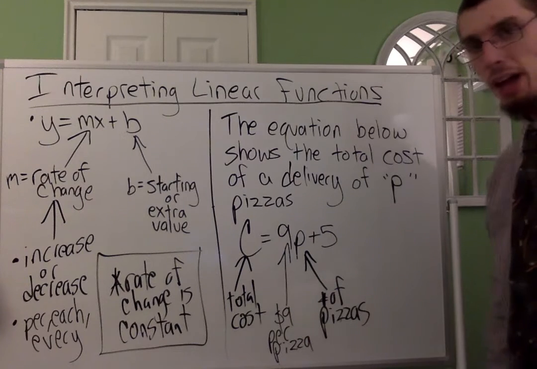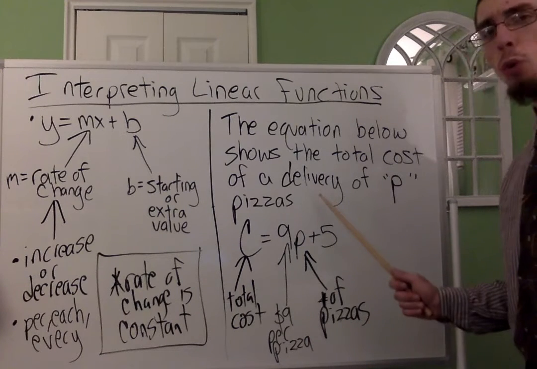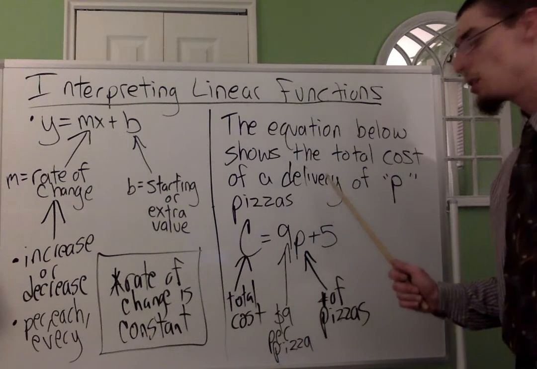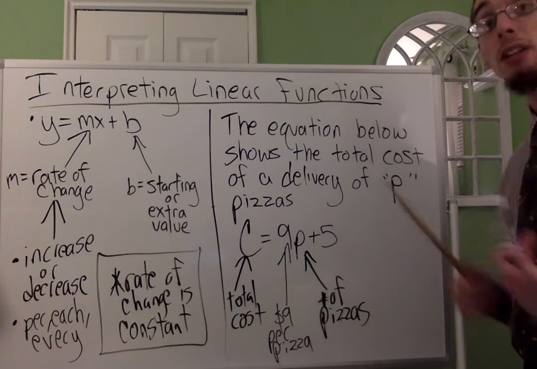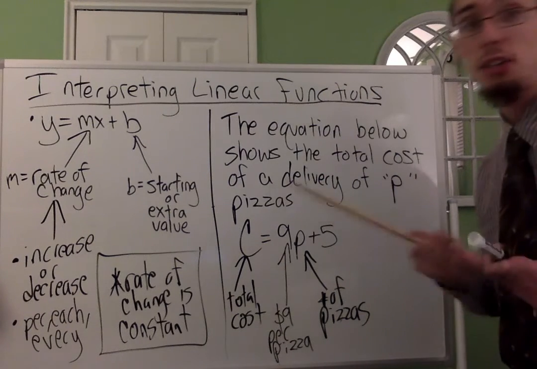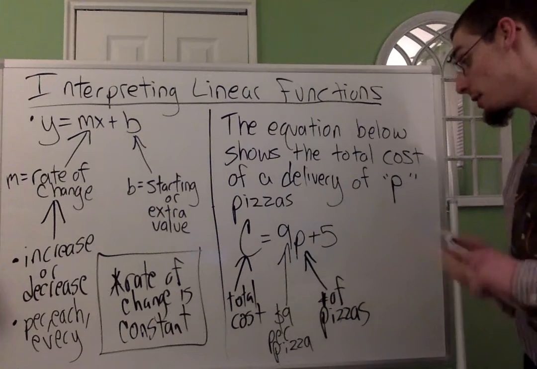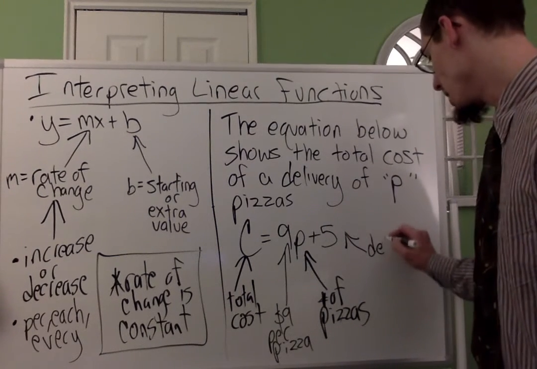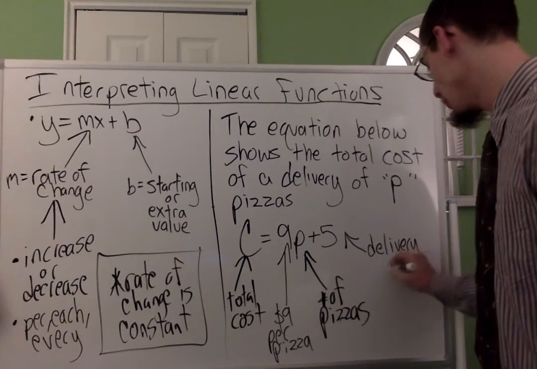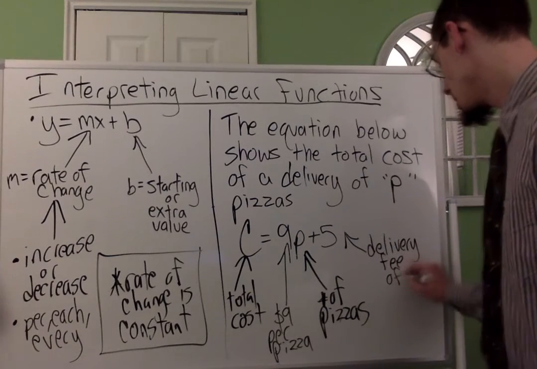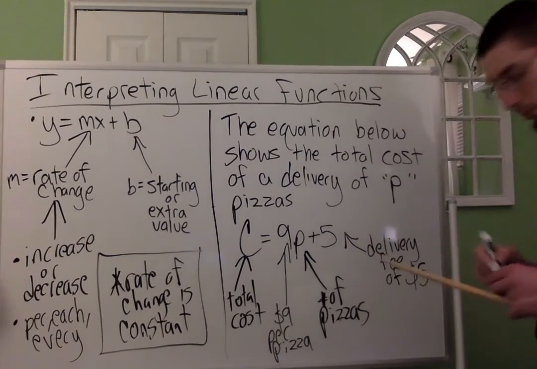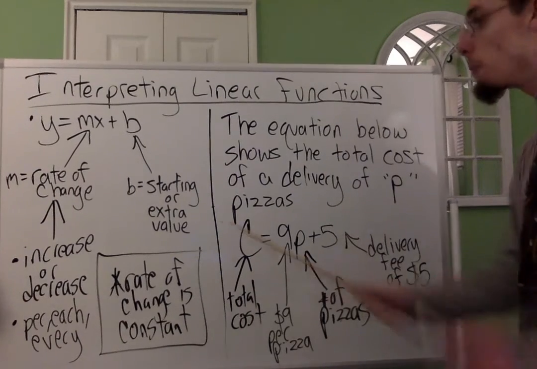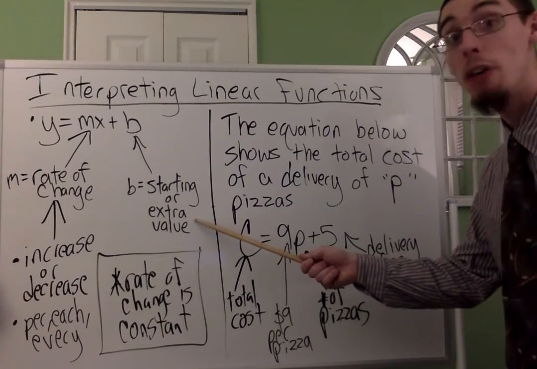Now what could the plus 5 be? Well, we're ordering delivery. You call a place and get something delivered, you have to pay a delivery fee, right? So this 5 would be a delivery fee of $5. That would be the extra value.